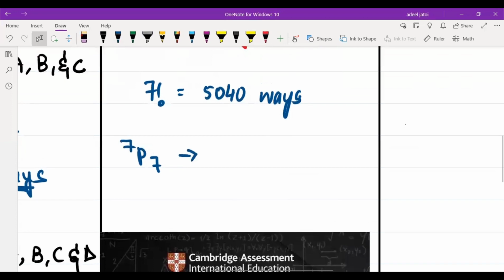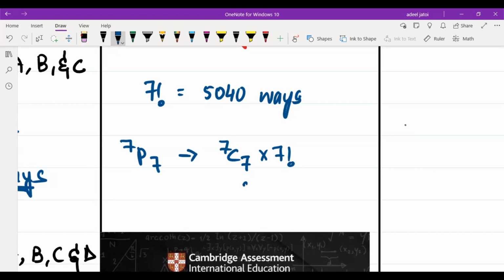So this should be 7C7. Permutation means selecting and arranging. So for arranging all the alphabets, I need to choose all the alphabets. So this should be 7C7 multiplied by 7 factorial, because by selecting and then arranging, it will be 7 factorial.